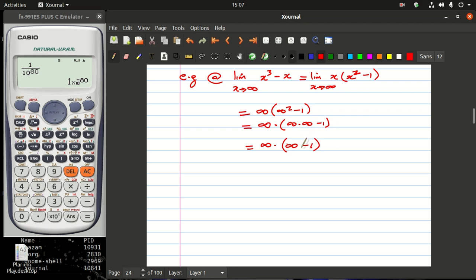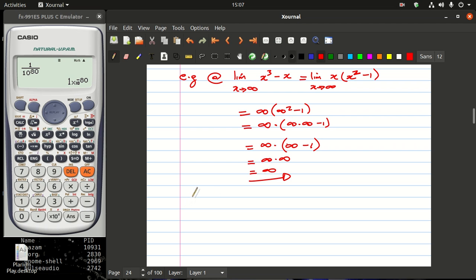Of course, 1 is so small compared to infinity, so infinity minus 1 is the same as infinity. So infinity times infinity is just infinity. So this limit evaluates to infinity, or we can say this function is diverging as x increases to positive infinity.